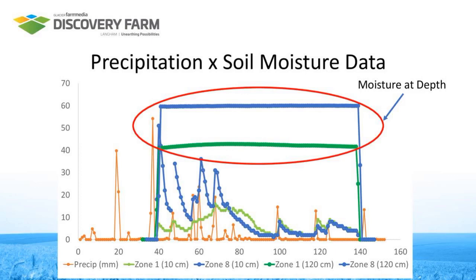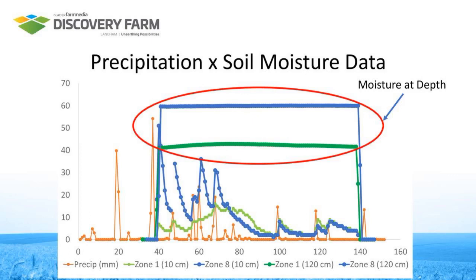So again, whereby that blue line at a volumetric soil moisture content of about 60%, we can assume that this is saturation. And my interpretation of that is that we've hit the water table at that zone 8 location. In contrast, though, at the zone 1 location, we're still seeing good moisture, about 40% volumetric soil moisture content.